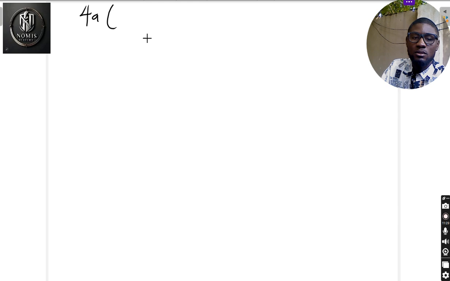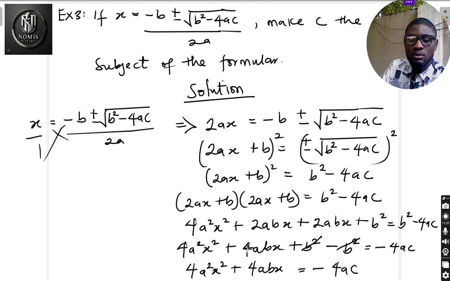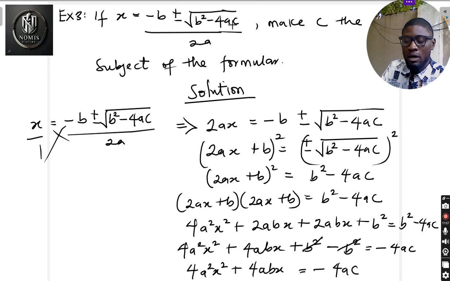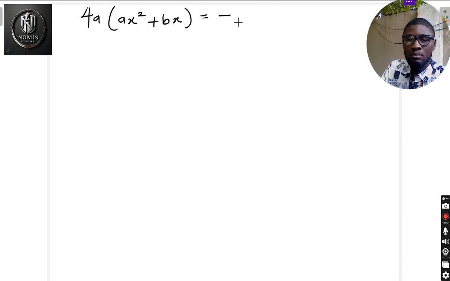And what will make it complete? That's 4a times bx, so that will be plus bx. Equal to, at this side I have minus 4ac.